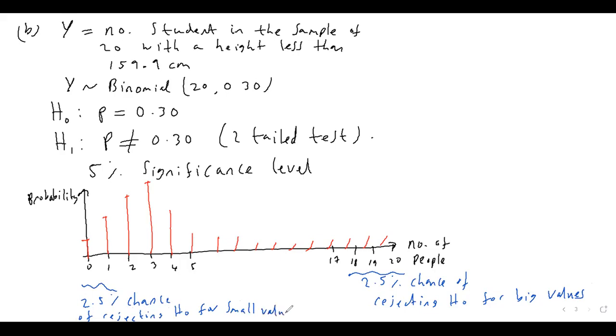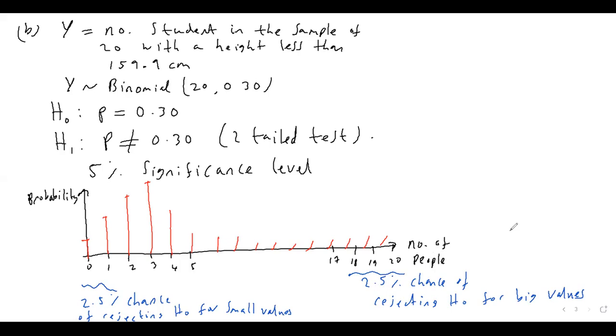So that's how our distribution works. The key thing here is that we're splitting that significance level in half. 2.5% is dedicated to tiny numbers in the distribution, and the 2.5% on the other side is dedicated to the big extreme numbers on the other side of the distribution.